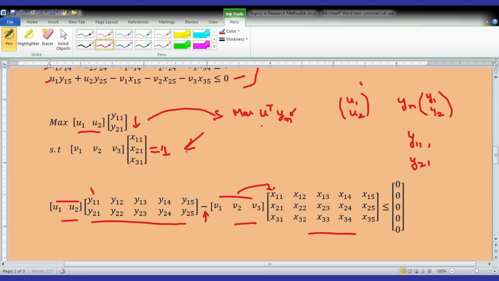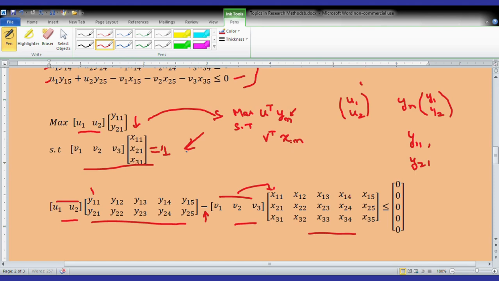this subject to the constraint, and now see that we'll be writing this constraint again in the form of vectors and matrices. So v transpose is the transpose of the vectors v1, v2, v3, and then we multiply by xn.